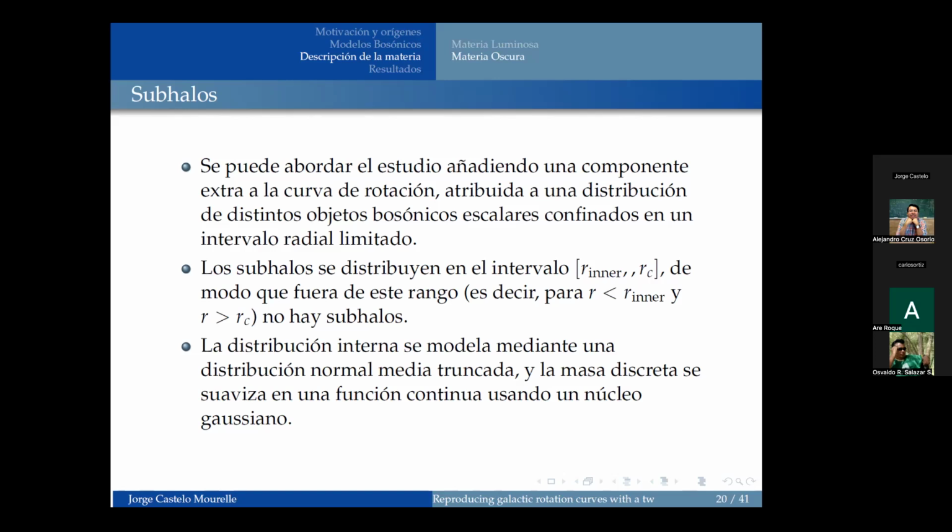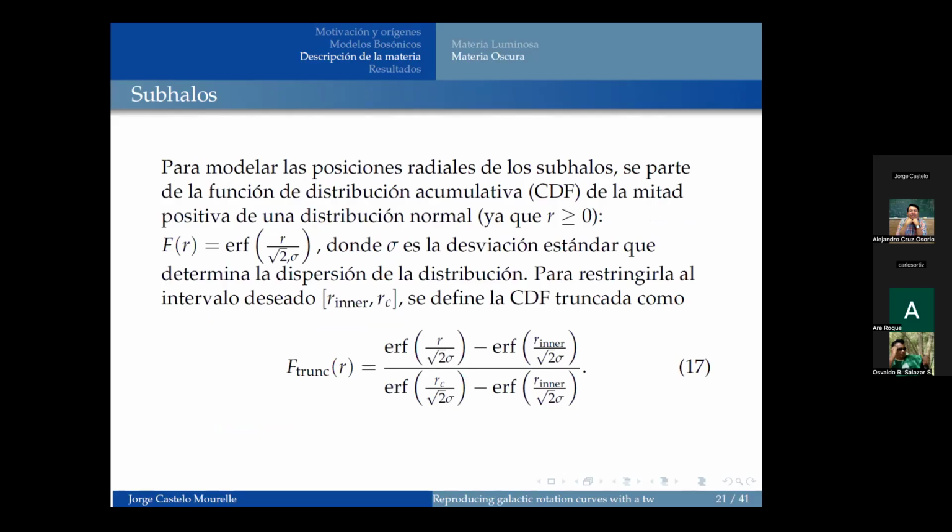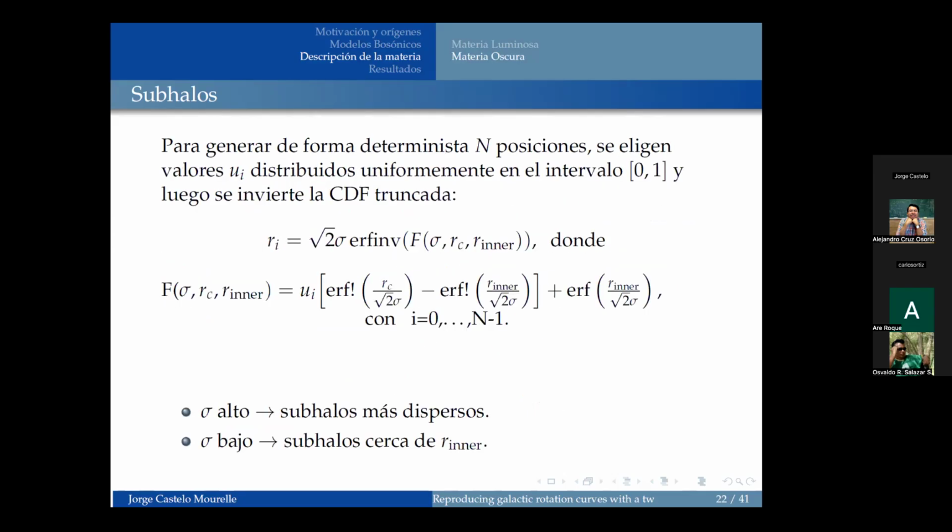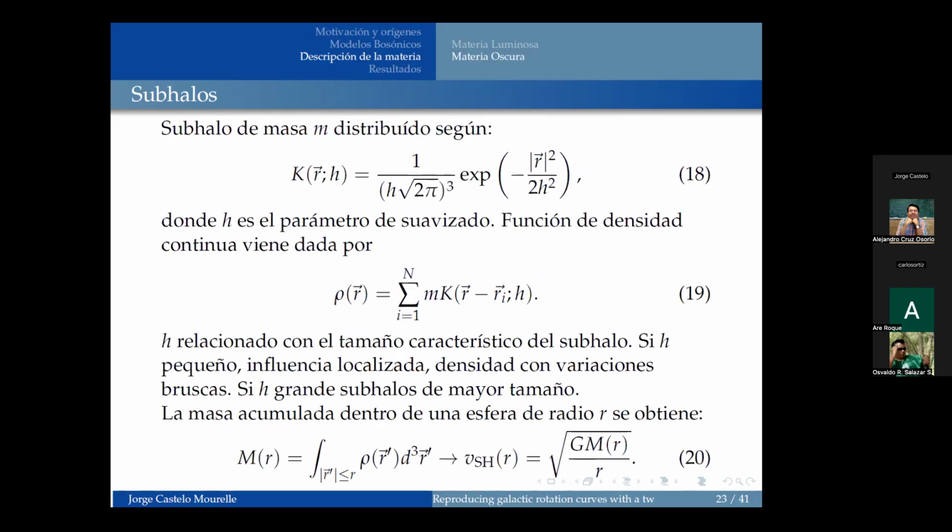So we need a distribution that puts these subhalos in our galaxy, and I am lacking time, so I am going to be fast here. We just use some cumulative distribution functions to obtain, well, not exact because this depends on parameters, but a radial distribution for the subhalos. And then, to have the positions in our model for these subhalos, we need to use a Gaussian kernel to make the position not a point, but a kind of distribution.